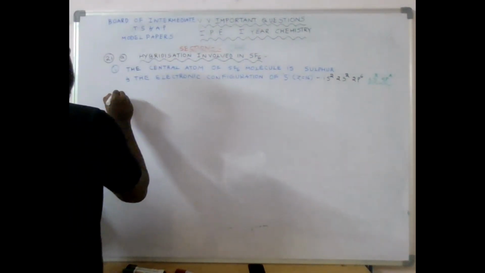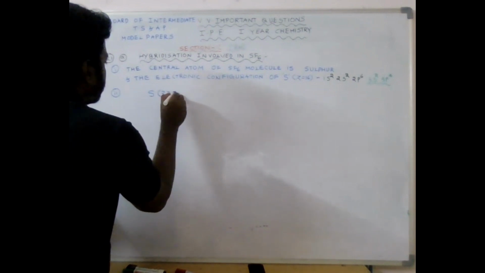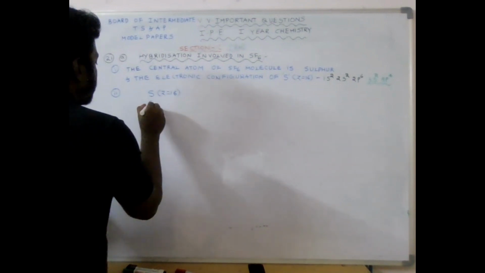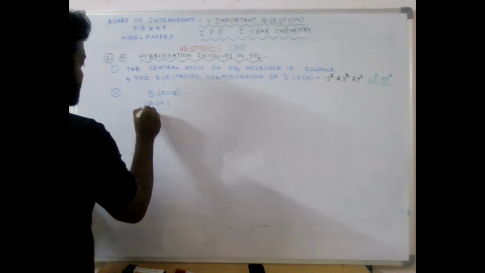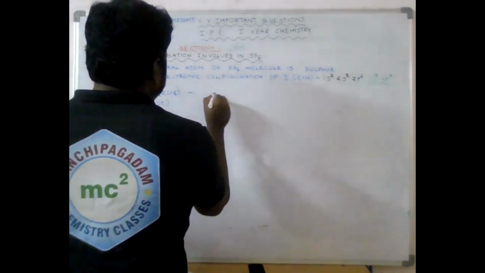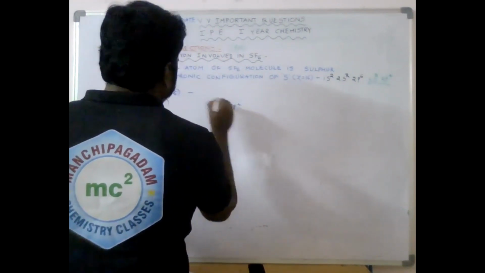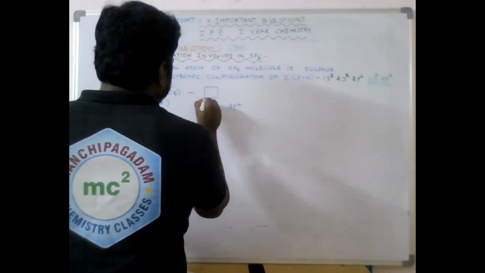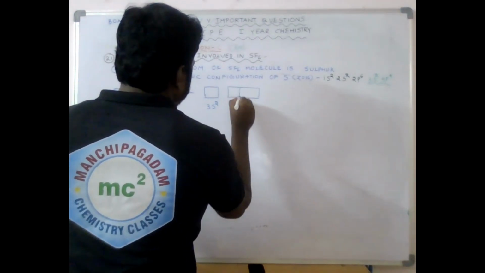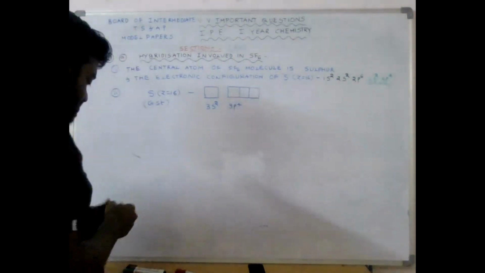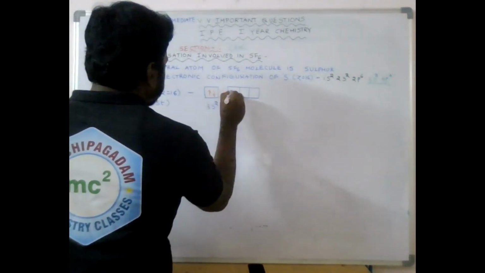You can take that electronic configuration as the second point. Sulfur, Z equals 16, ground state configuration. So what will come here? 3s2, 3p4. The s orbital contains only one, the p orbital contains 3 subshells. 3s2 means 2 electrons.